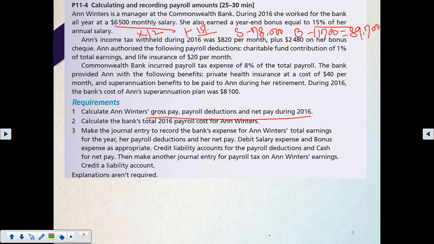This is our income. This is called gross pay. Now net pay is after deducting all of this. The first is tax, $820 per month, which means I need to multiply by 12, so it's 9,840. Then 2,480 is only one time, because it's based on the bonus, so it's not every month.